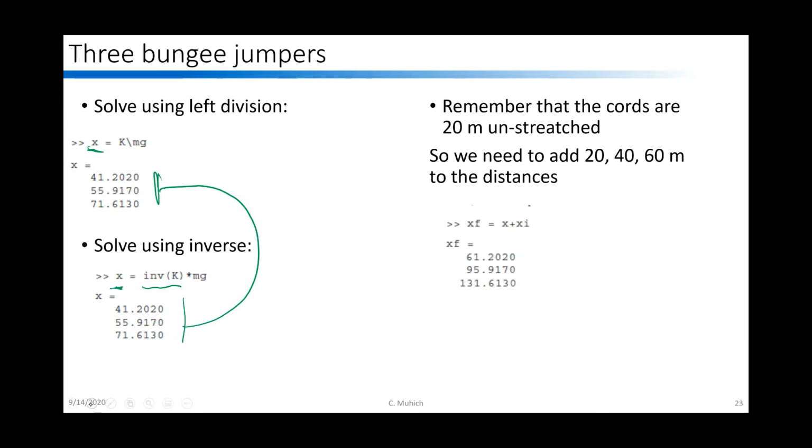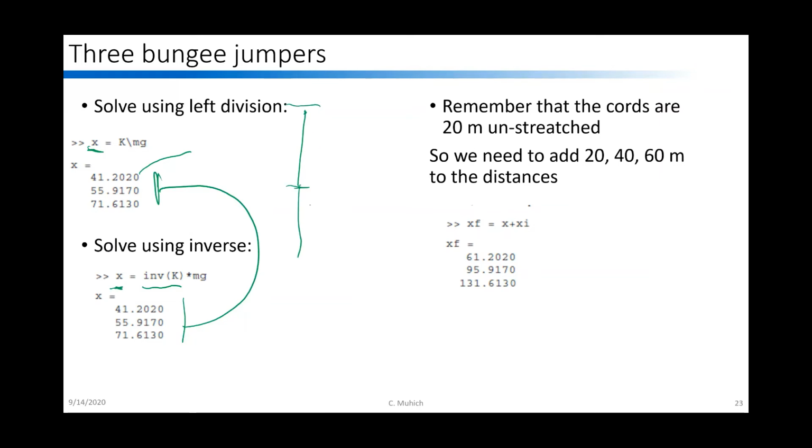One last step to solve the problem is that we have to remember that the cords were 20 meters before they were stretched, right? So this x is the distance of the cord stretched.